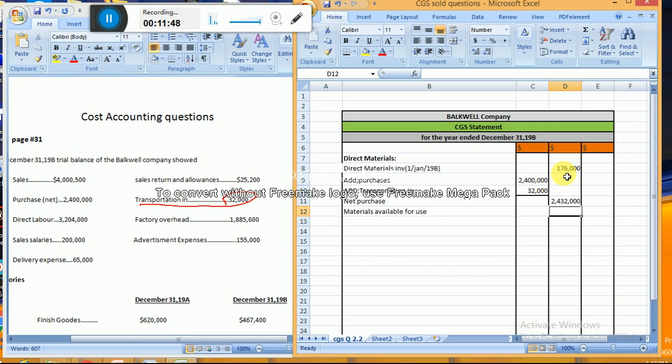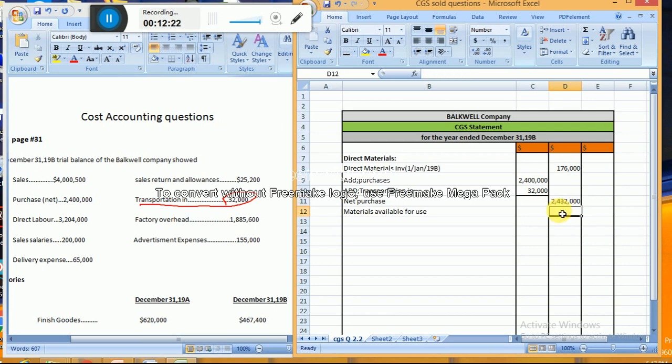During 19B, in the total year from 1st of January until 31st of December, today is 31st of December for the year 19B, we purchased 24,32,000 materials. Now how much total material do we have? The previous year's remaining material plus the purchases of this year.